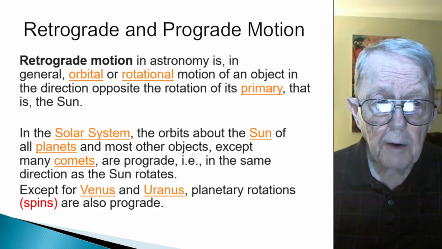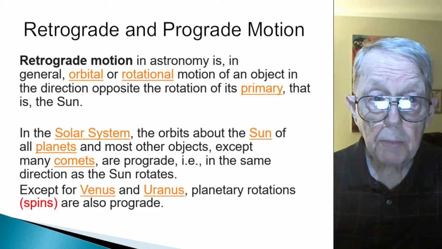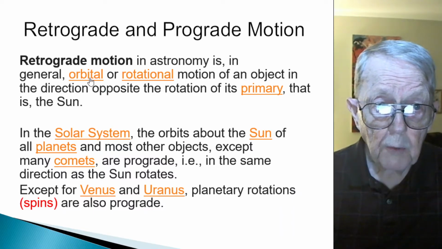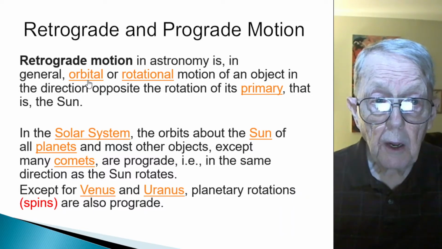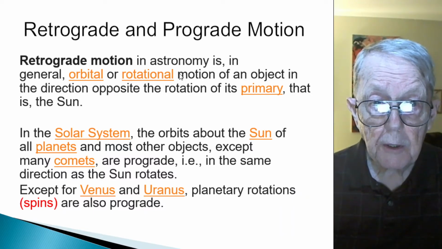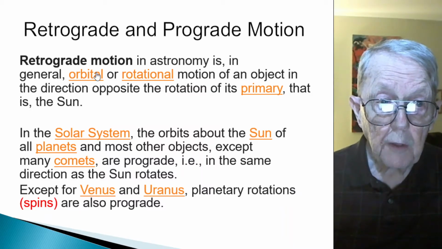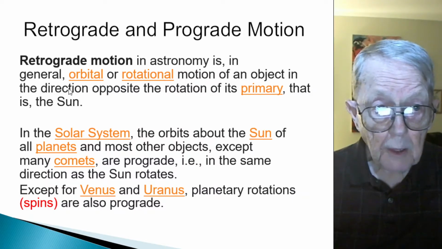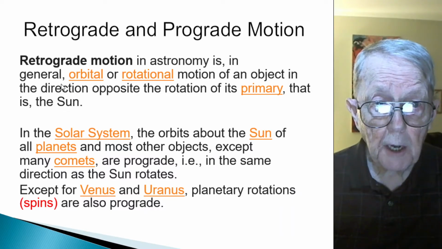Well, there's a phrase, words that we don't often use: retrograde and prograde motion. Retrograde motion in astronomy is in general orbital or rotational, and I use the word spin in place of rotation. The orbiting motion, the spin motion of an object in the direction opposite the rotation of its primary, that is the sun.